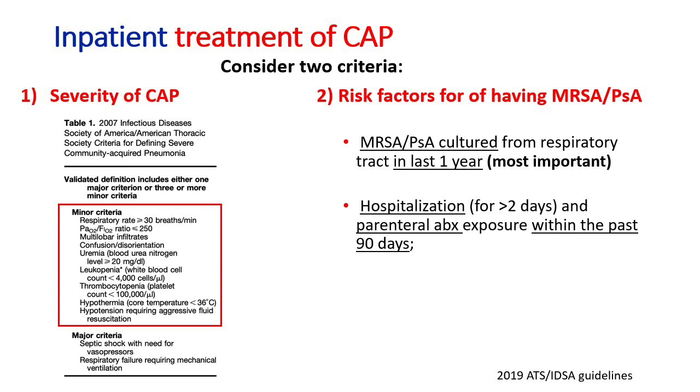And then the second criterion is if someone's been hospitalized, which exposes people to hospital-acquired germs, and if they've received IV antibiotics, there's more likelihood of having drug resistance.